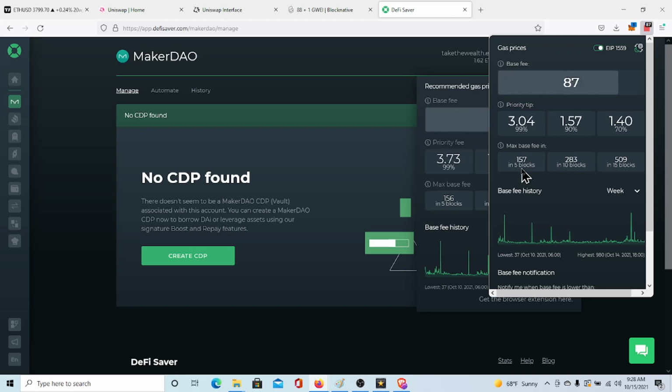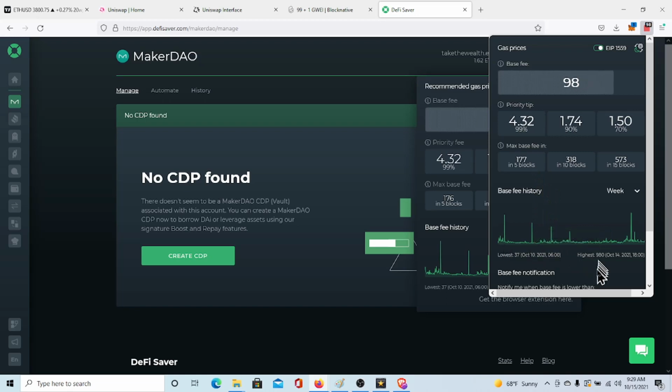So within 75 seconds, if you definitely want to get into a block, let's say you're in an NFT drop or an ICO, and you need to get in, the max you can possibly pay is 157 gwei within 5 blocks, 283 gwei within 10 blocks, so within 150 seconds roughly, and 509 with 15 blocks. That's just useful information, I think, to give you an idea of where you're going to be at if you're just about to get into a transaction you need to get into.